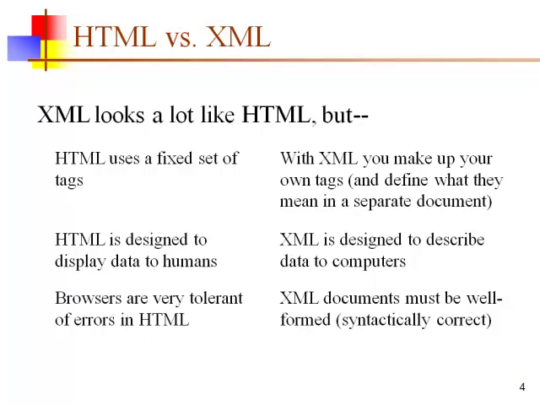Even though you made errors in HTML, it doesn't show any error and it will easily compile, but that doesn't happen in XML. It should be syntactically correct, then only your document will execute, otherwise not. That is also one of the major differences between the two languages.